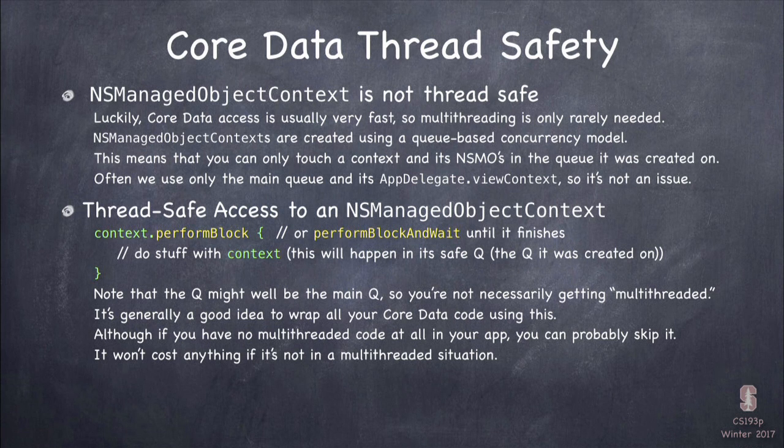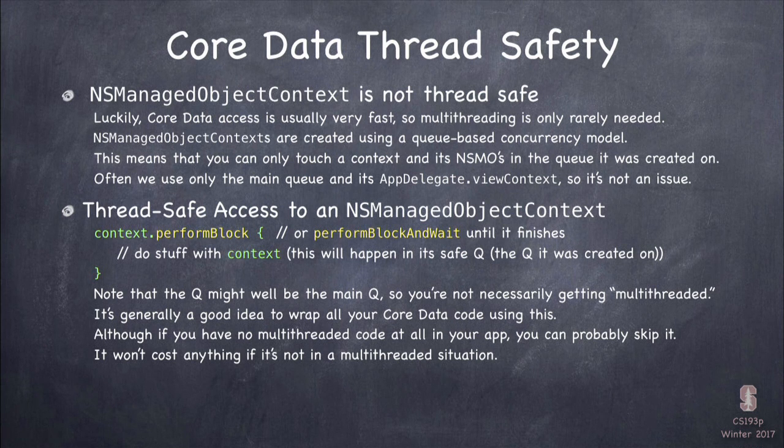Don't get confused, this method does not dispatch or cause background threading. This is just making sure that that closure executes on the right queue. So this is a way that you can be safe. And some might argue you should put perform block around every single call to every core data thing you ever do, because that will assure that you'll never have a problem where you're accessing the context not on its queue, if you accidentally got some bad code.